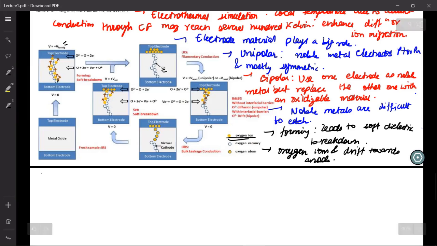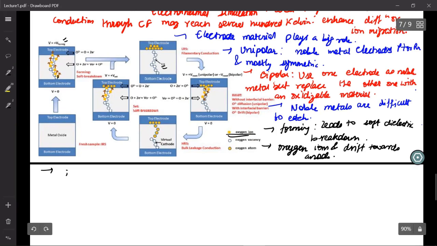But at the same time, what happens to these oxygen ions when they reach the electrode? Let me just write that.